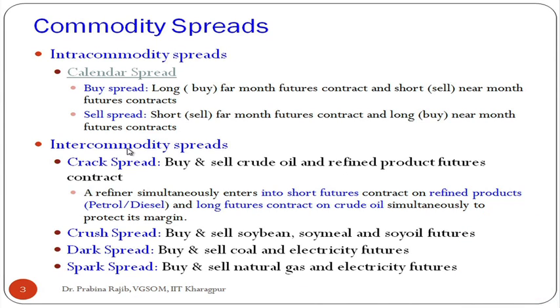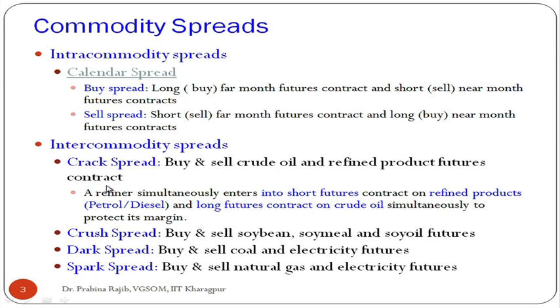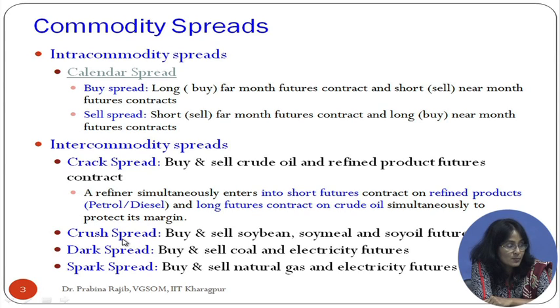Besides the calendar spread, many exchanges also offer intercommodity spreads. So what are these intercommodity spreads? You can have crack spread, cross spread, dark spread, and spark spread. What do you mean by crack spread?